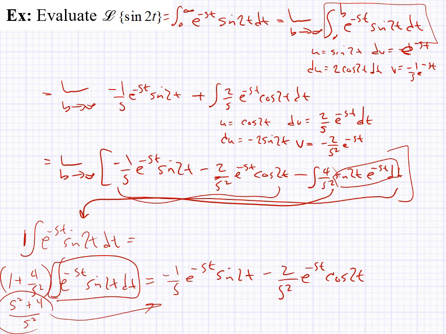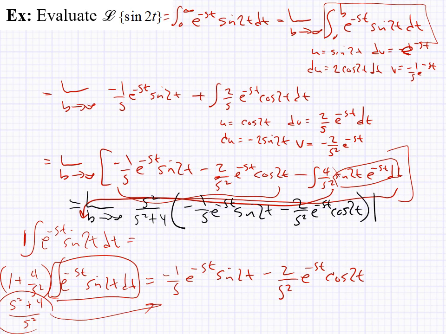So in the end, the final answer is going to be the limit as b goes to infinity of s squared over s squared plus 4 times negative 1 over s e to the negative st sine 2t minus 2 over s squared e to the negative st cosine 2t, and then that's going to have to be evaluated between 0 and b.